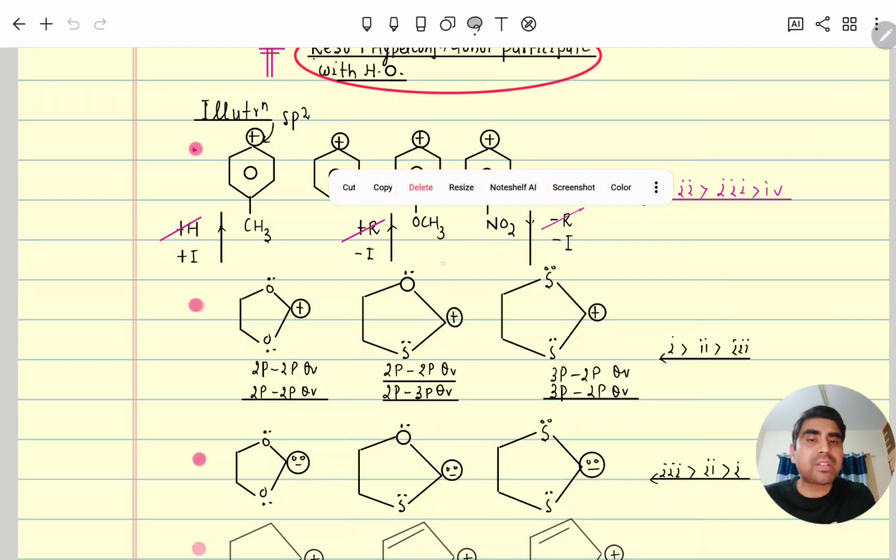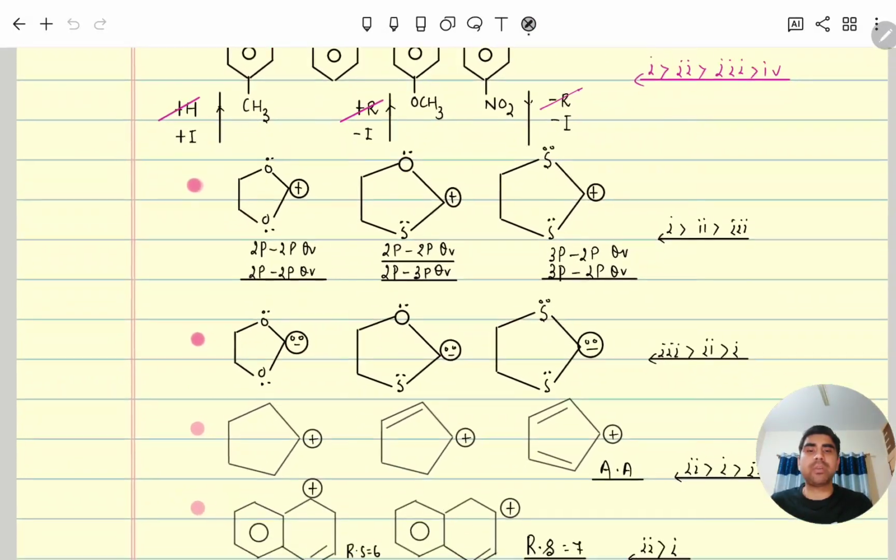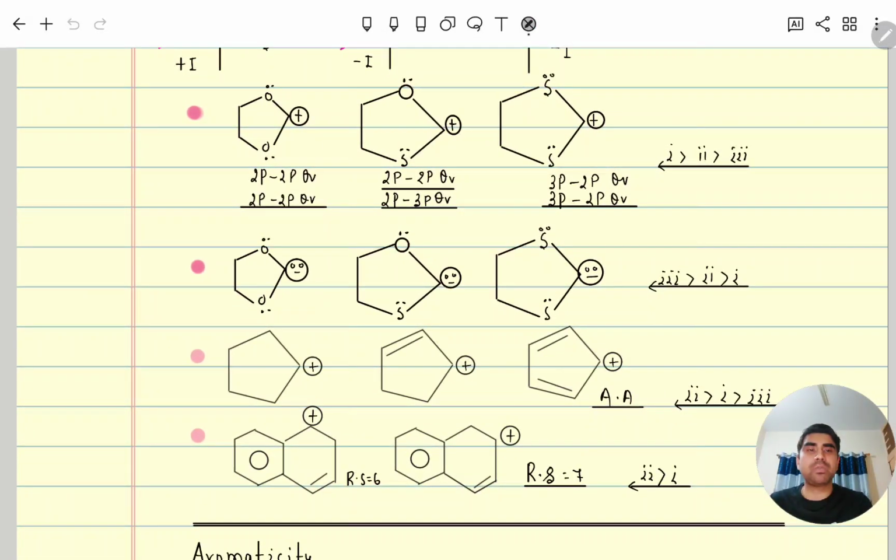NO2 also has minus I. Between OCH3 and NO2, you know that NO2 has a stronger minus I, so this is relatively unstable compared to this one. So which one is more stable? At least this one is getting electron. So 1, then after 2, these two are withdrawing, minus I. In that, this one is strongly withdrawing. So then after 3 and then after 4. Next, stability of this carbocation. Some examples we will discuss. So here you can see positive.